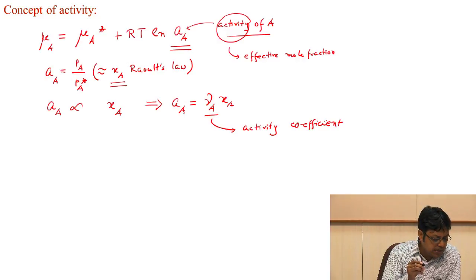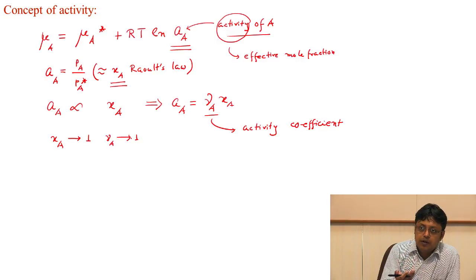So what it means is that, let's say I'm keeping A as the solvent and I'll write B as the solute. If the mole fraction is tending to 1, gamma is tending to 1, so that activity becomes the mole fraction.